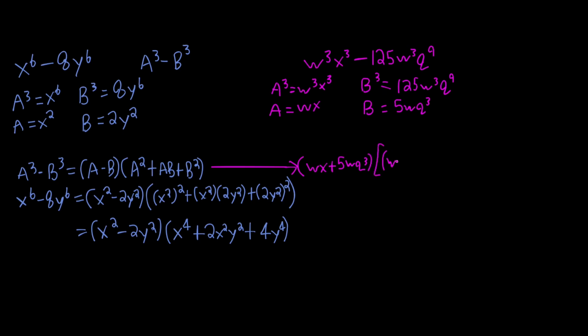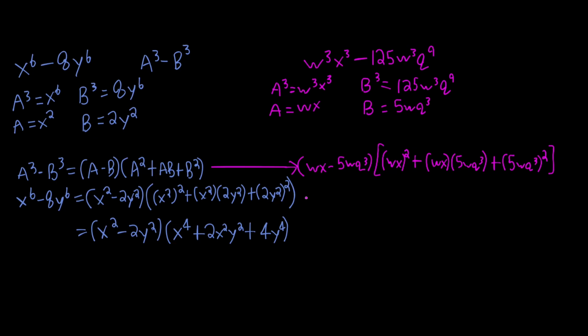Then we're going to get (wx) squared plus, sorry, that should be a minus sign in there, plus wx times 5wq cubed plus (5wq cubed) squared.